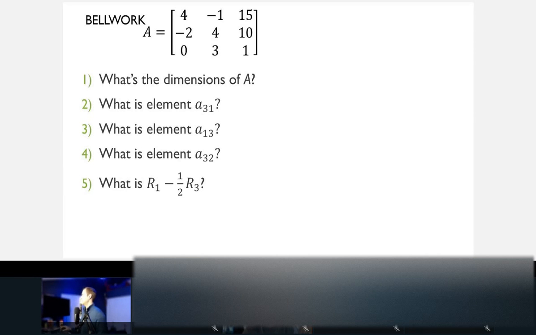So 29 over 2 for that third element. Yeah, I agree. And what was that middle element?